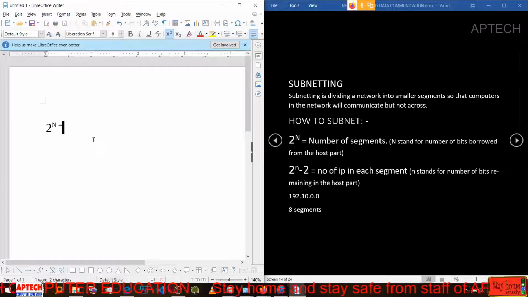So you say 2 to the power of N equals 4 segments. So capital N equals 1. Is it 1 or 2?